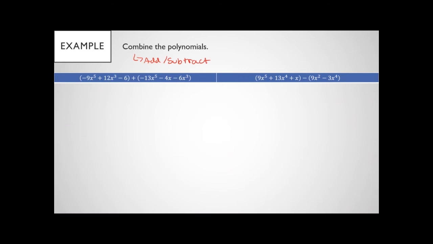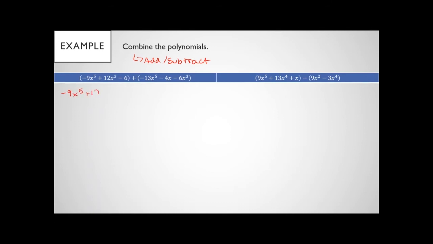So we have words that mean the same sort of thing, so we're combining. These are put in parentheses to indicate that you have two polynomials you are combining together, but if it's a plus and there's no number in front of the parenthesis, you could ignore the parentheses altogether. So the first set of parentheses in my example on the left, I don't have a number in front, so I can ignore the parenthesis.